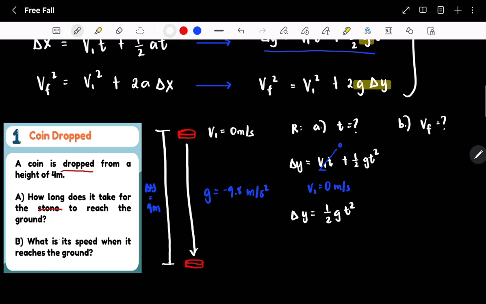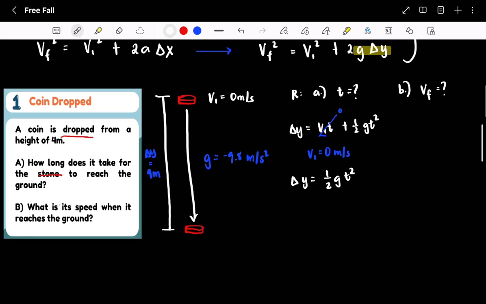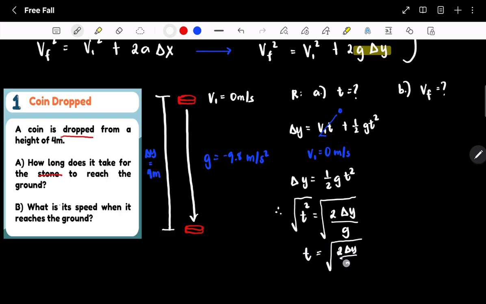However, notice that t is the unknown and it is not yet isolated. So, you simply derive the equation, and once you do the derivation, you'll get t squared equals 2 delta y all over g. But there's a square here. To remove that, you extract the square root, and t will become the square root of 2 delta y all over g.